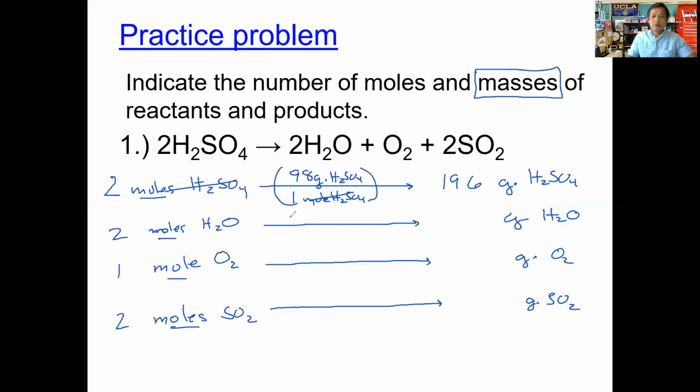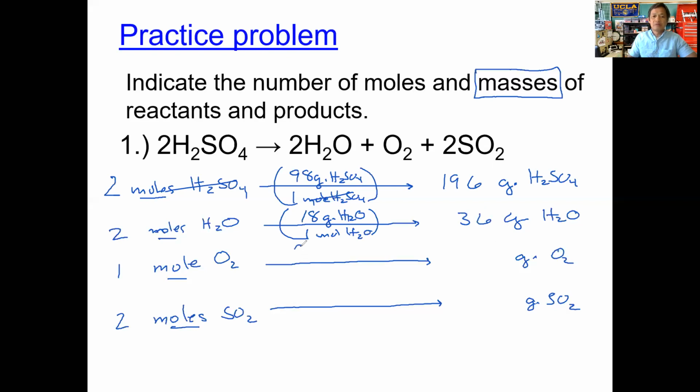Okay, let's go ahead and do the same thing for the remaining 3. The molar mass of water is going to be 1 oxygen, 2 hydrogens, which is 18 grams per mole. If you put this into a calculator, you end up with 36 grams of water.